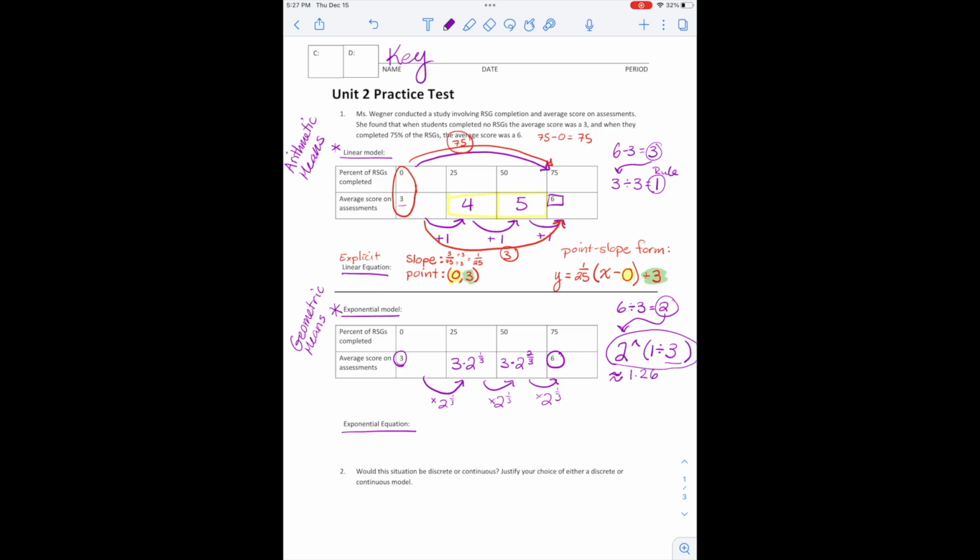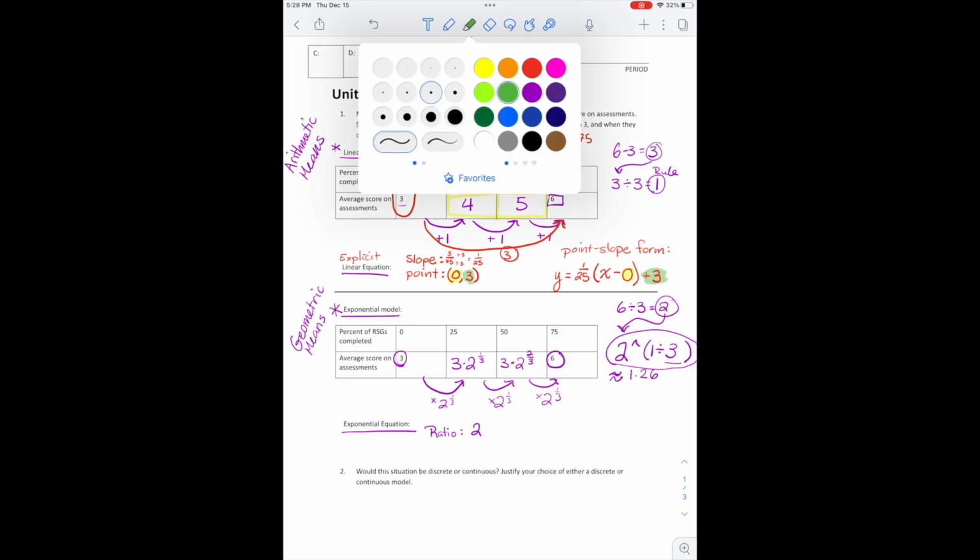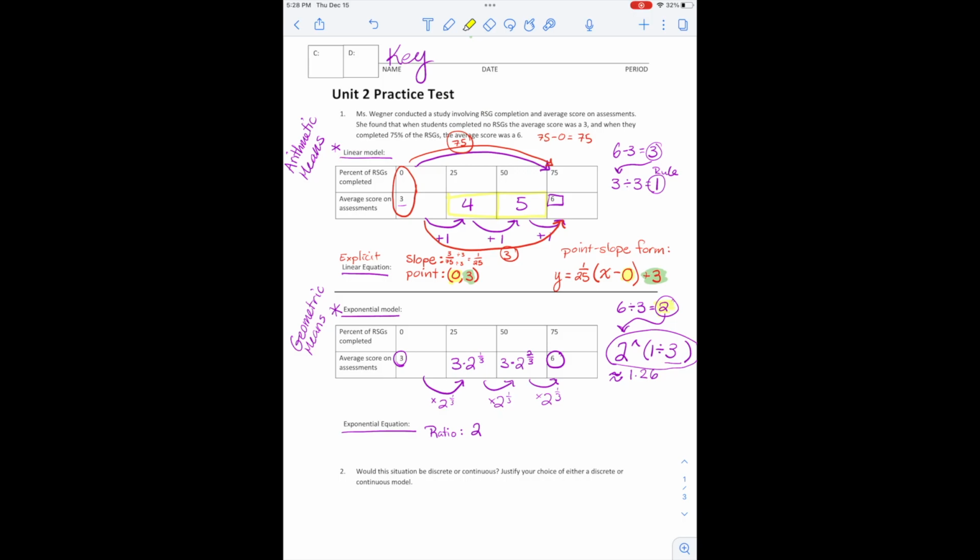My exponential equation will work with a different rule. The rule for the exponential equation is going to be a common ratio. And that ratio is 2 to the power of 1 divided by 75.